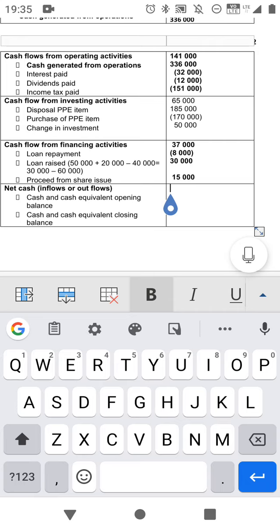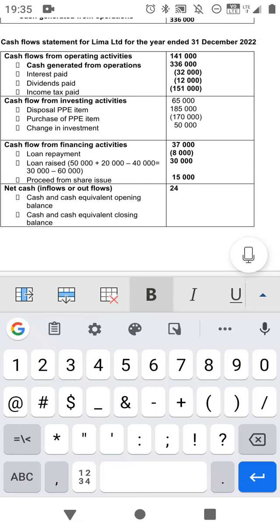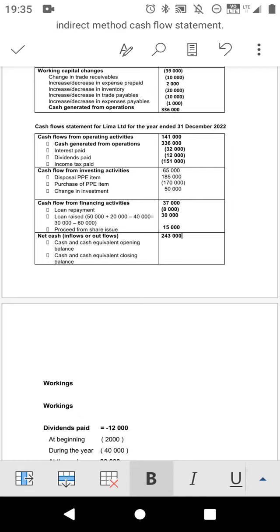It will depend on whether the amount is negative or positive. So if you calculate everything from up, you will get an amount of 243,000.